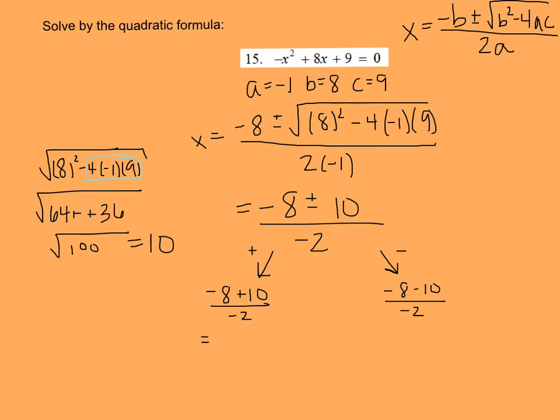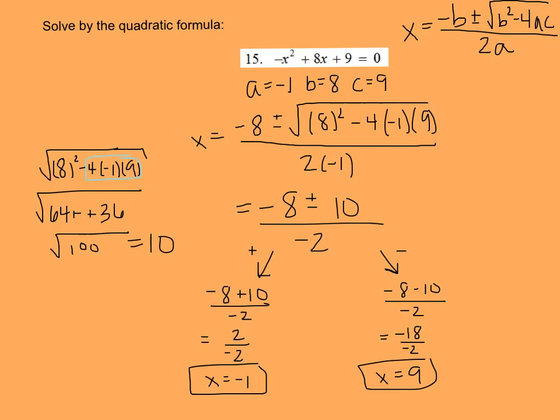So this would be 2 divided by negative 2, which means x equals negative 1. That's one of our answers. Over here, we have negative 18 divided by negative 2, which means x equals 9 is our second answer.